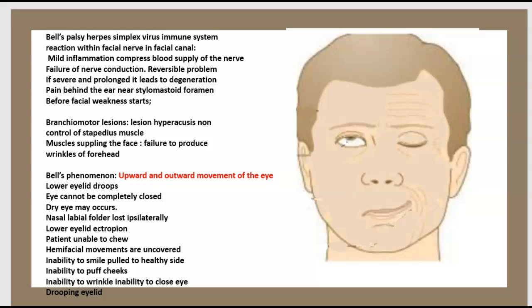Lower eyelid ectropion. Patient unable to show teeth. There is also hemifacial movement that is uncovered. Inability to smile, to pull to healthy side, inability to puff cheeks, inability to wrinkle, and inability to close the eye.